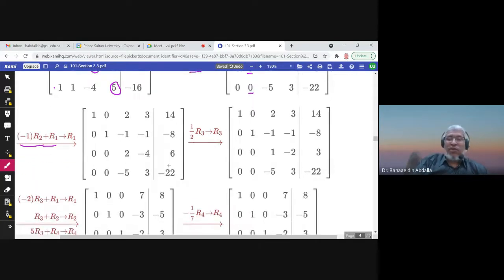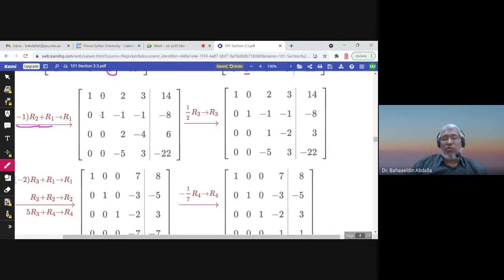And now I finished column 2. Now I go to column 3. This number has to be 1. So I do, and the number below is not 1. Okay, so I divide by 2 and I make it 1, or I multiply by half. Now it is 1, so these 3 numbers must be zeros.